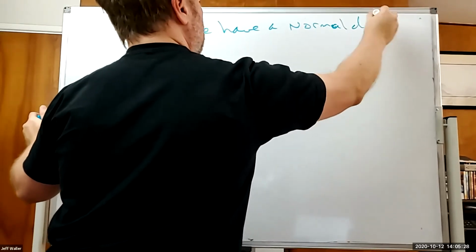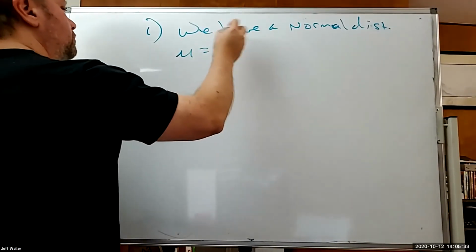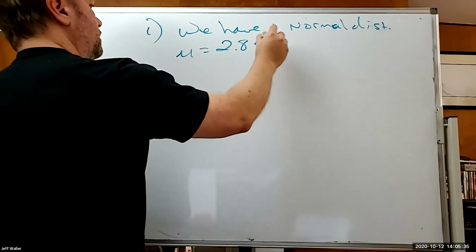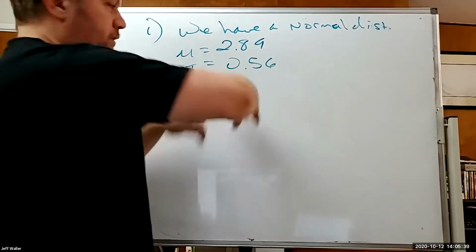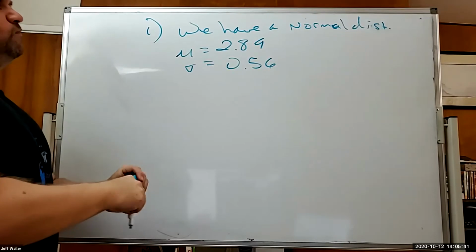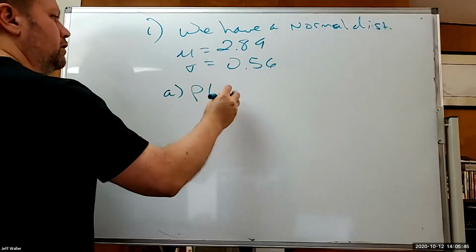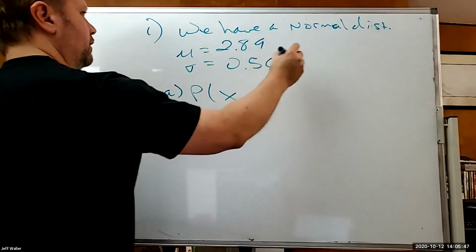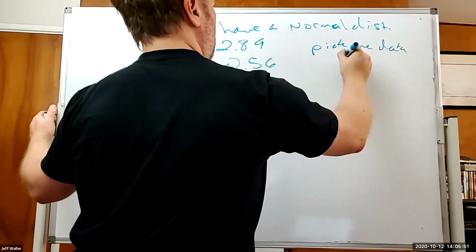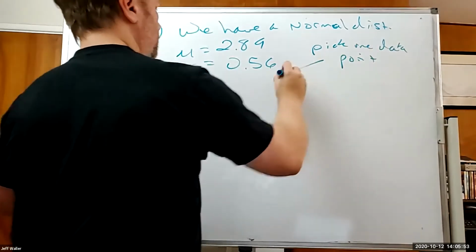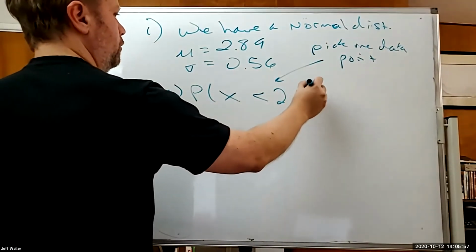We have a normal distribution, with some mean, and the standard deviation is 0.56. Can I answer a question about an individual data point now? If I pick one data point, find the probability that it is less than 2.11.